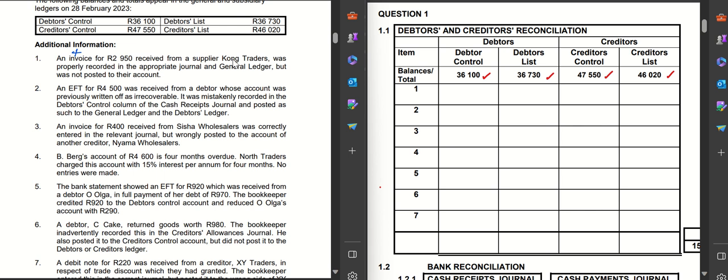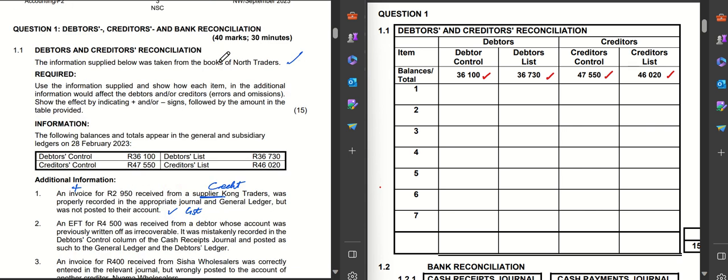The keyword here is received from a supplier, that means we're dealing with creditors. So we're going to come to the creditors recon part, and we are told it was not posted to the account. Once I hear the word account, it is referring to the list. So I'm going to come to my creditors list, and remember they said I must put either a plus or a minus.